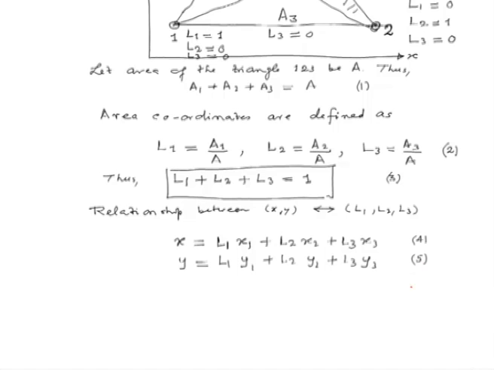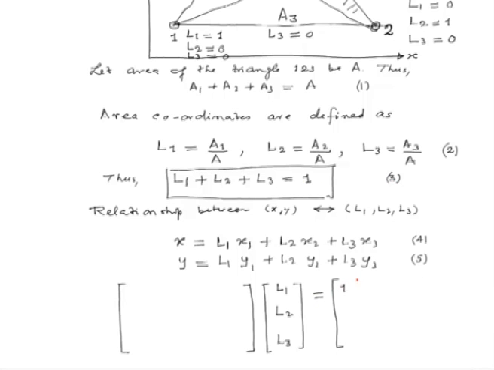The equations 3, 4 and 5 can be written together in matrix form. Equation 3 can be written as the product of a matrix with these coordinates L1, L2, L3, and on the right hand side we put 1, as the RHS for equation 3 was 1.